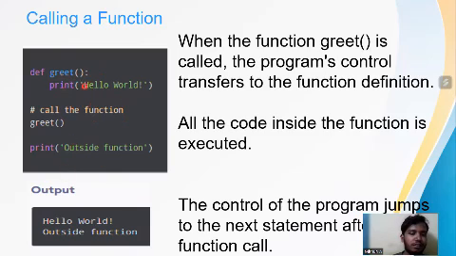Whatever statement we have given in the function body is executed as hello world. Outside the function, the control of the program jumps to the next statement after the function call.